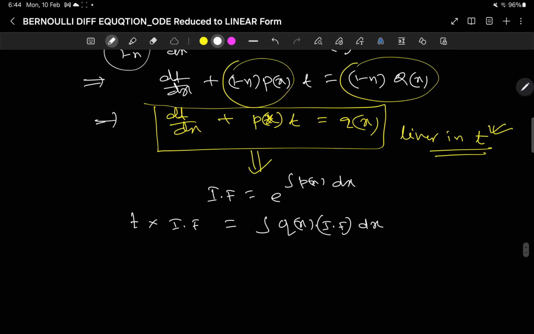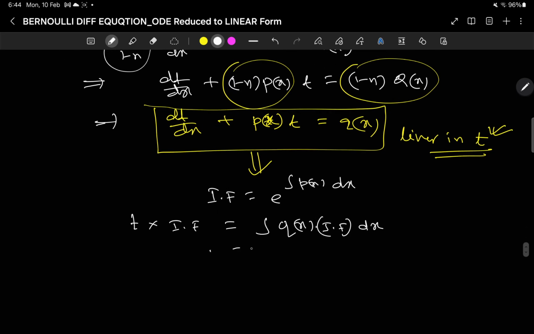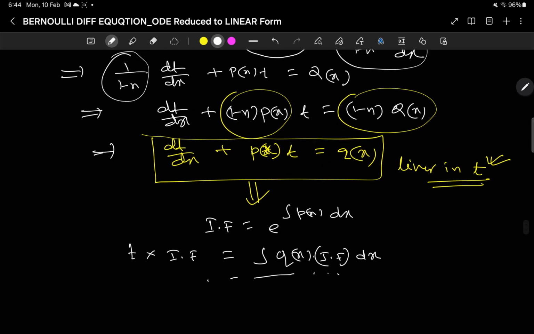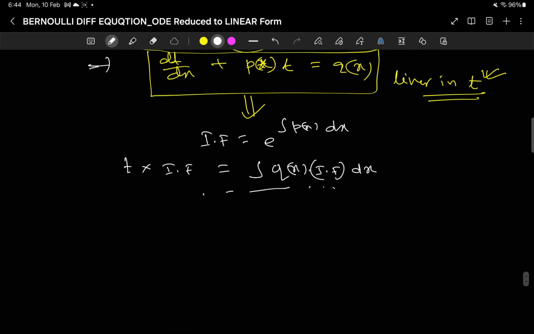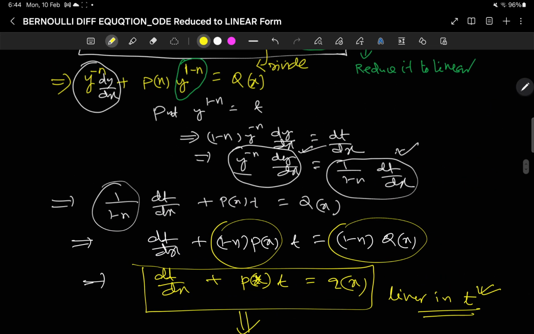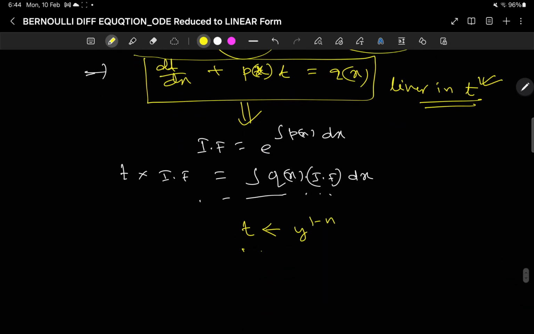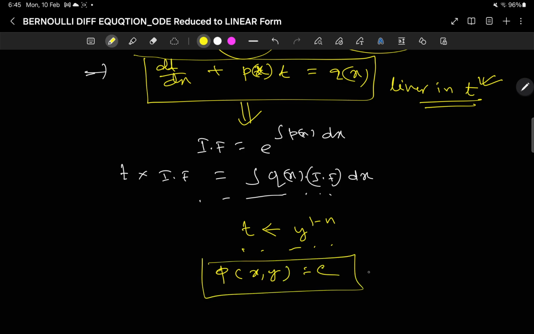Then we simplify it. Finally, in place of t, we replace y to the power 1 minus n, and whatever you get, a function of x and y is equal to some c. So this is your final answer.